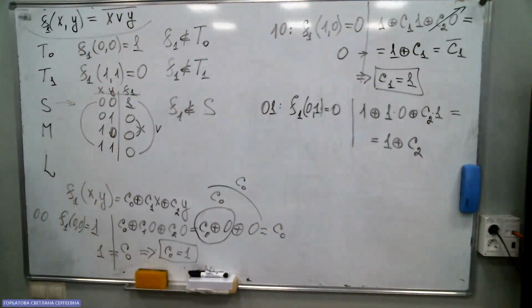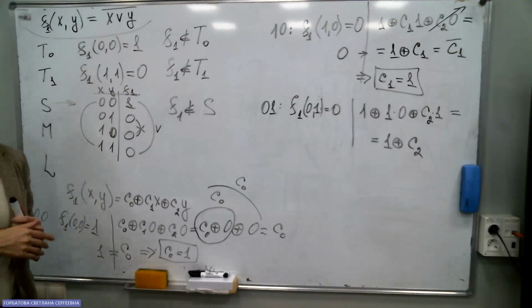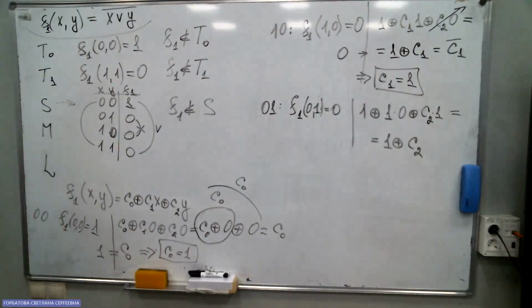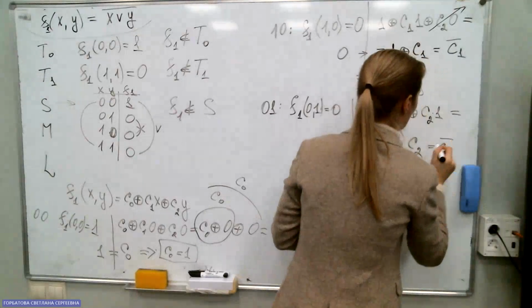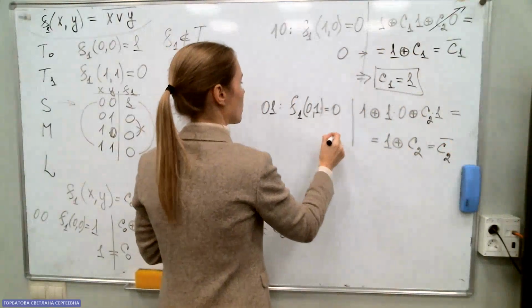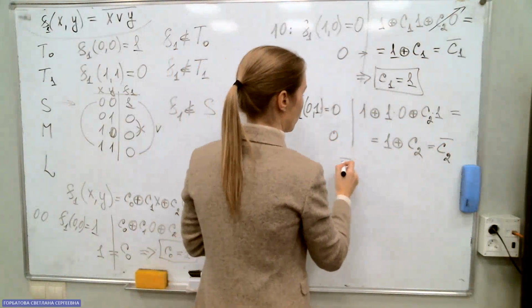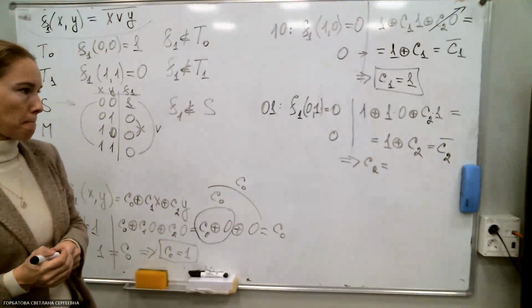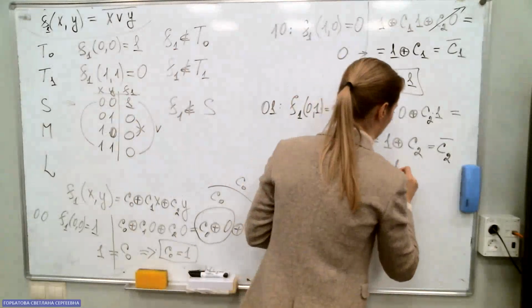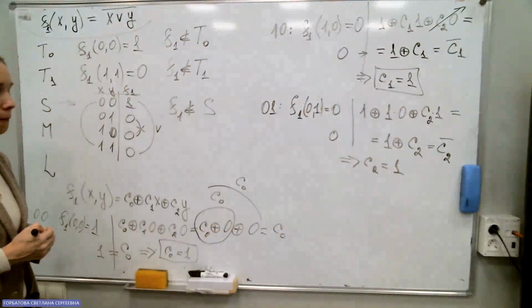If you have questions, please ask me, okay? Because it is important for coursework and exam. It's not C2, absolutely right. And it is 0. Then C2 equals to 1. Okay.